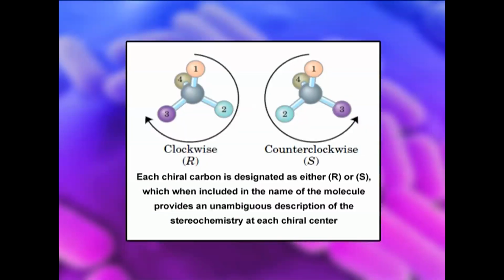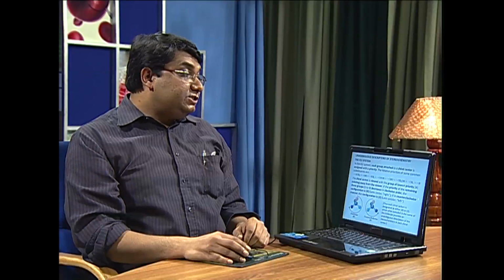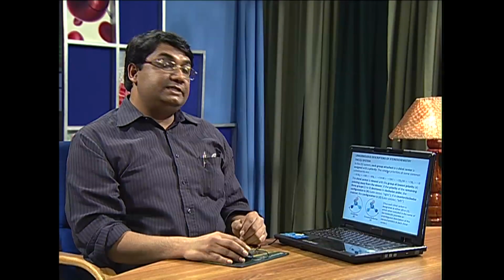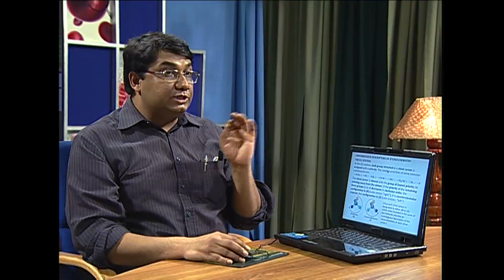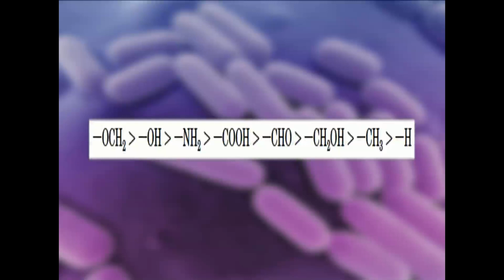First of all, the RS system. In this RS system, each group attached to the chiral center is assigned a priority. For example, the relative priorities of some common substituents are OCH2 greater than OH greater than NH2 greater than COOH greater than CHO greater than CH2OH greater than CH3, and hydrogen has the lowest priority.